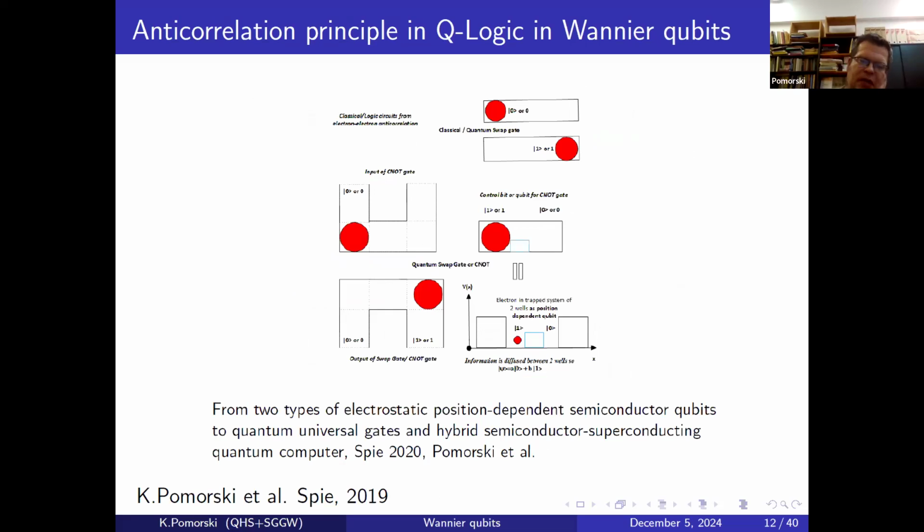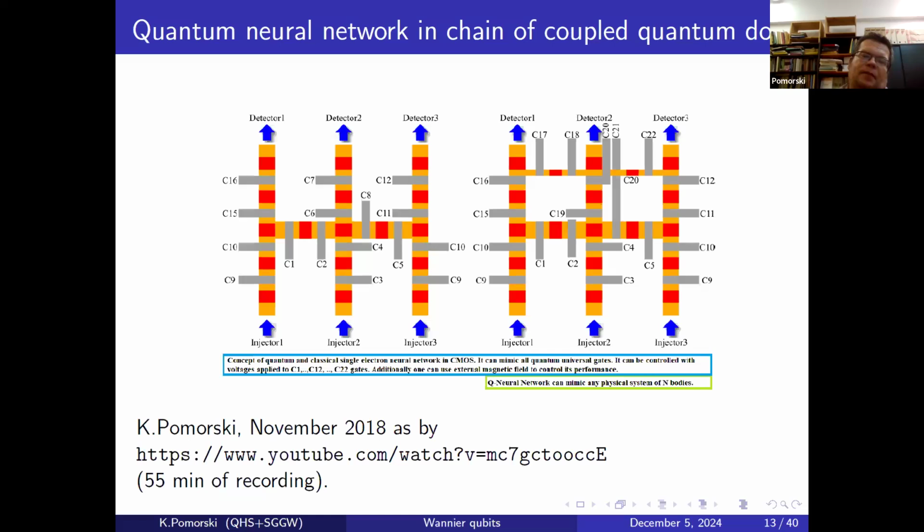Yeah, actually, I have some ongoing work on that with undergraduate students who will continue this type of work. Well, using a kind of similar scheme, but in a more general way, you can deal with quantum neural networks, electrostatic quantum neural networks.